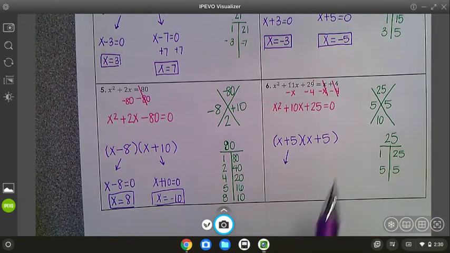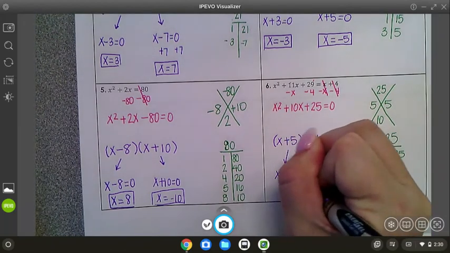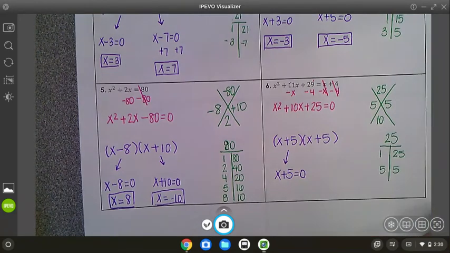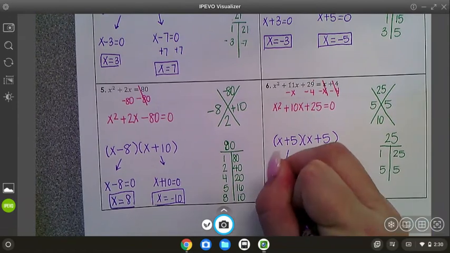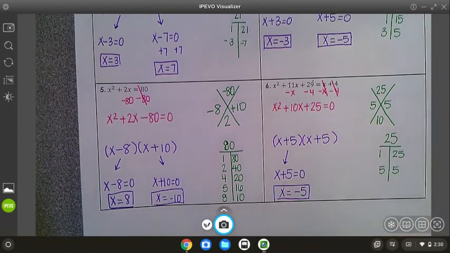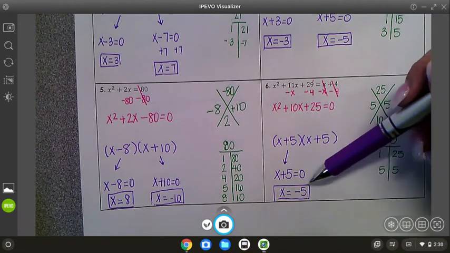So we write in factors. X plus 5 equals 0. And if I subtract 5 from both sides, we're going to get x equals negative 5. Because these factors are the same, you don't need to do it twice.